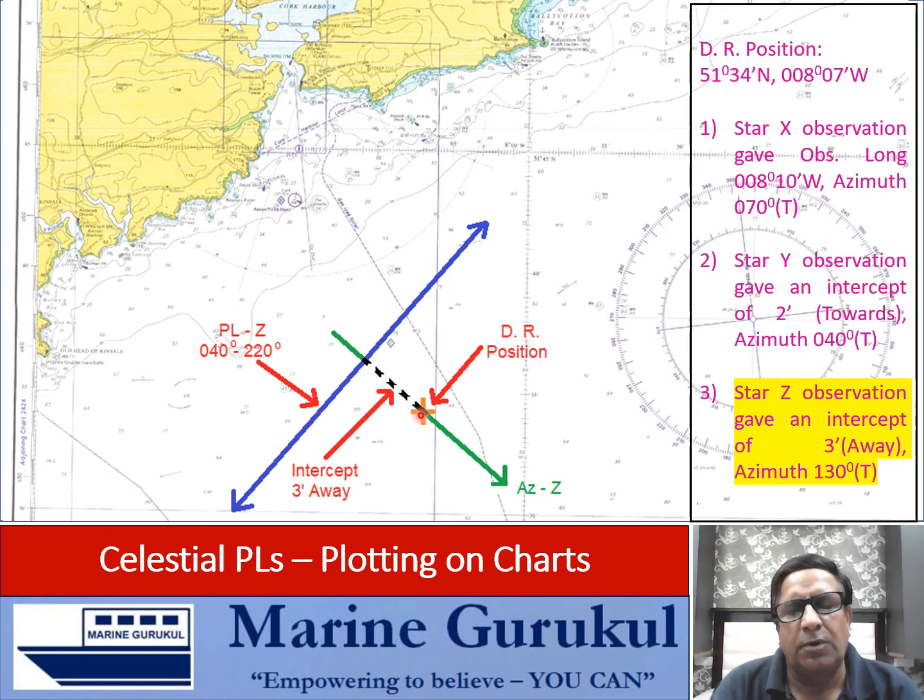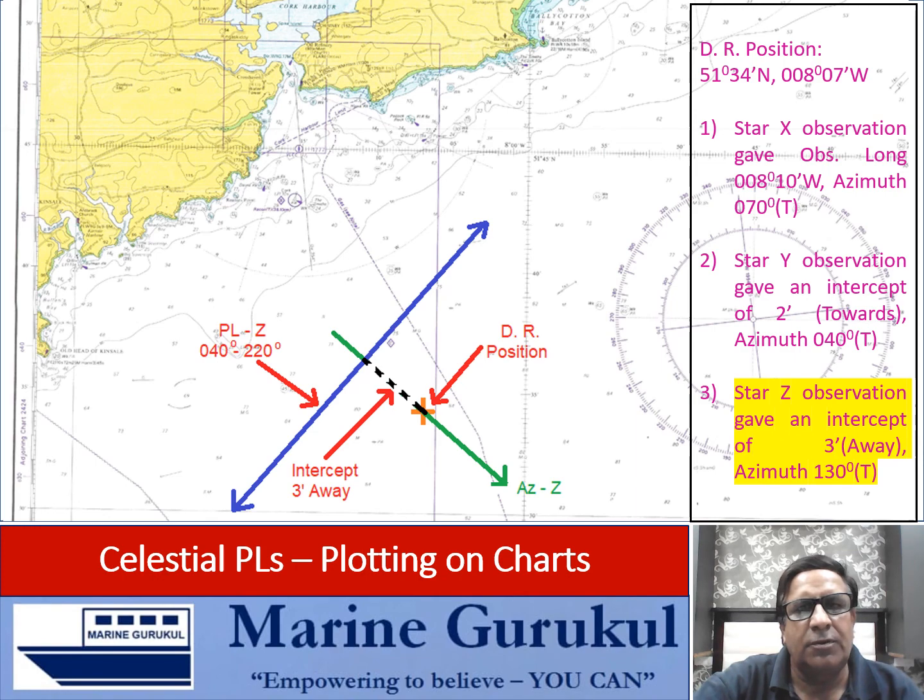So what is important for us to remember is to be able to plot the celestial PLs on the chart. Number one, we'll have to first determine which method has been deployed to solve the sight. Having identified the method, then we'll have to recall the table that we just discussed, from where we'll have to recall the position through which to draw the PL for that particular method.